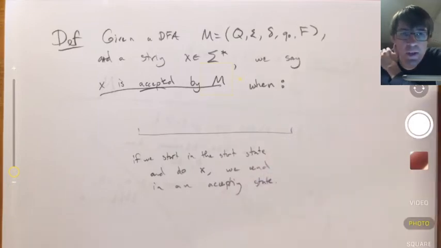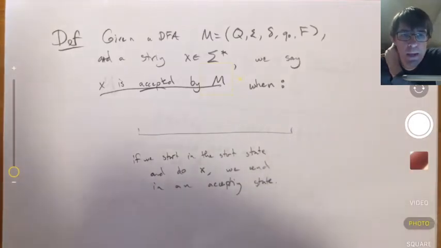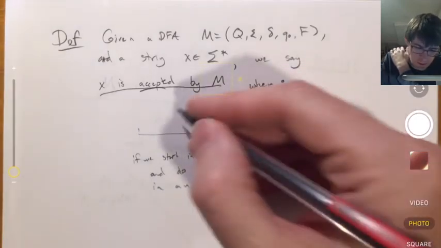Anyone want to try to translate that into our formal language? You can just do a piece of it if you want. Nobody's saying anything. How about this? I'll give you a hint.